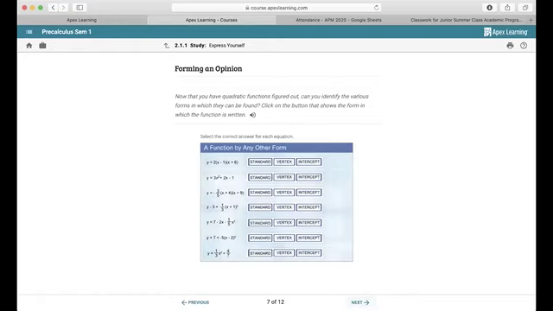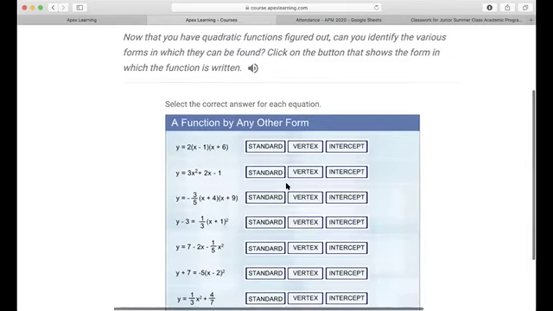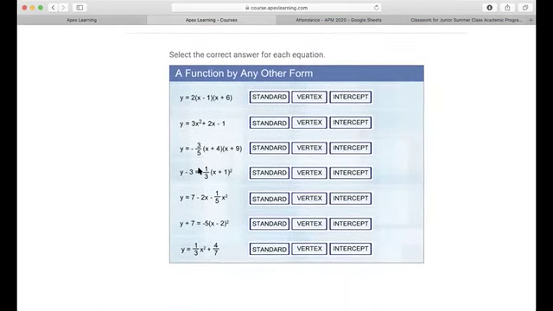Moving forward here. It's asking us to figure out if it's standard, vertex, or intercept, okay? So if we start with the easy one, in my opinion, our standard form, that's our ax squared plus bx plus c. So standard, okay? Now this one is trying to trick you.